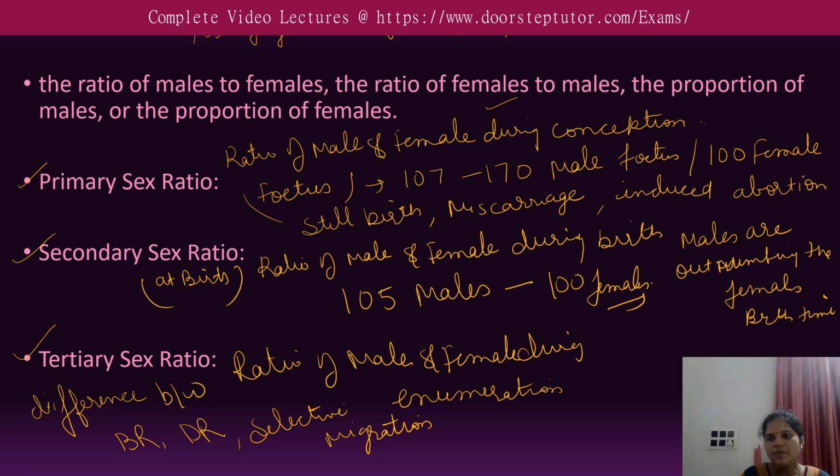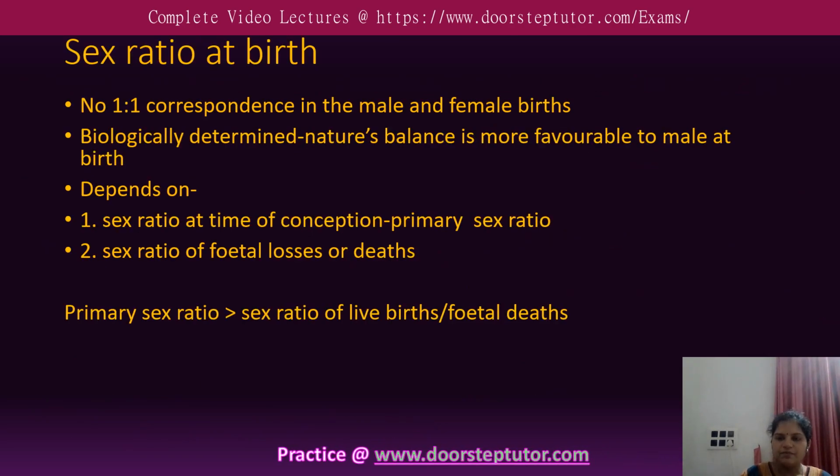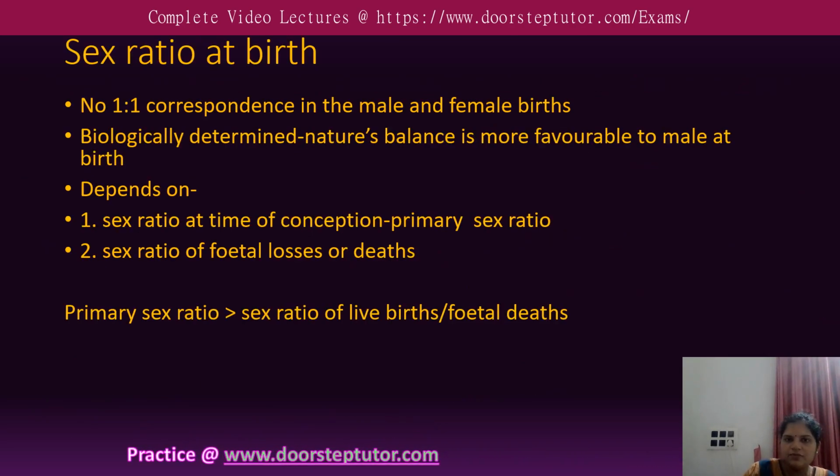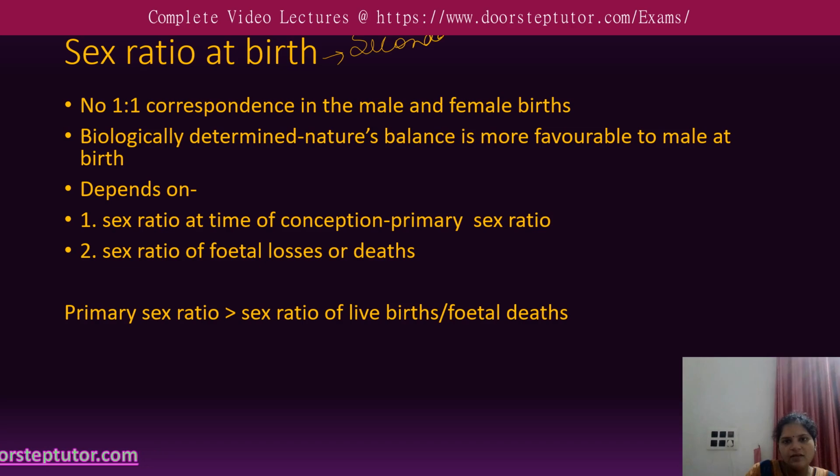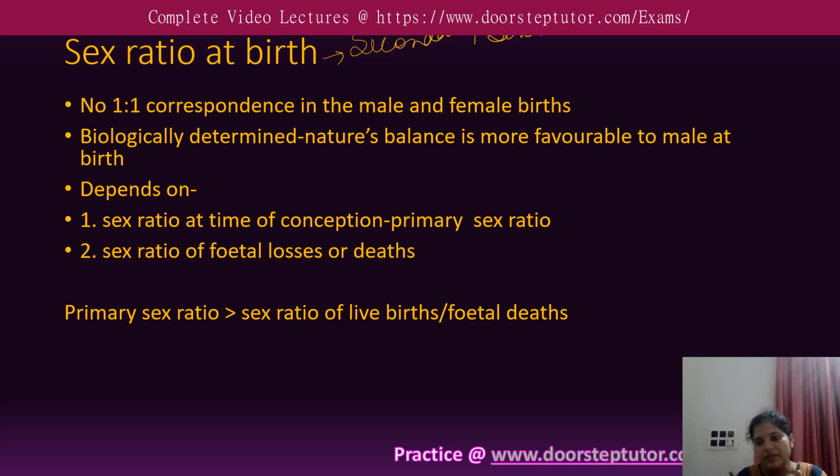Okay. Then we are moving to our topic, that is sex ratio at birth, which we have already discussed is the secondary sex ratio, and it has a very close relation with the primary sex ratio. There is no 1:1 correspondence, no proper ratio of male and female births.